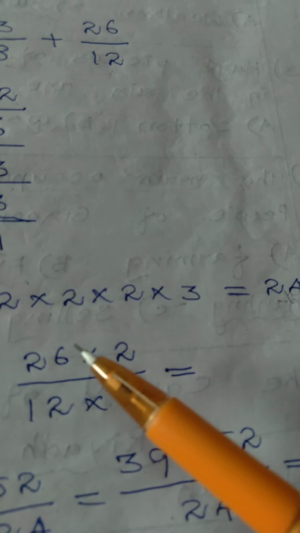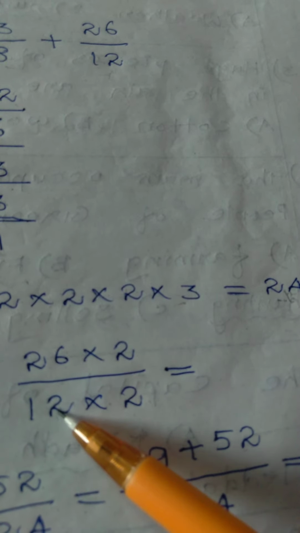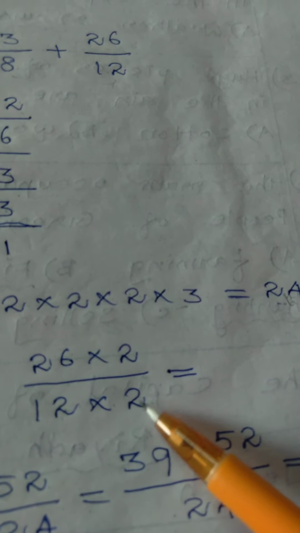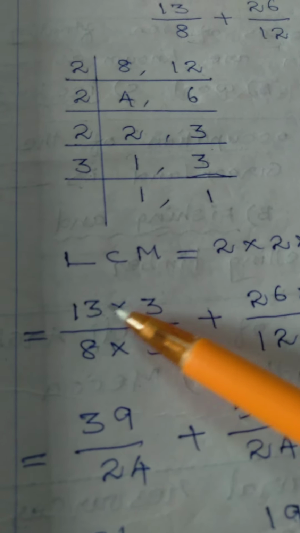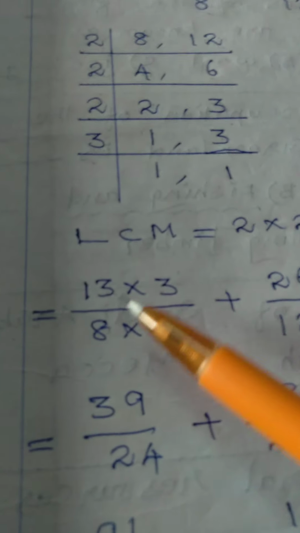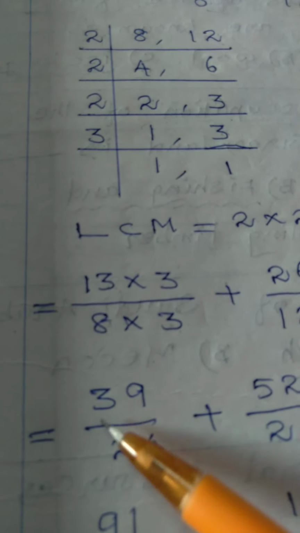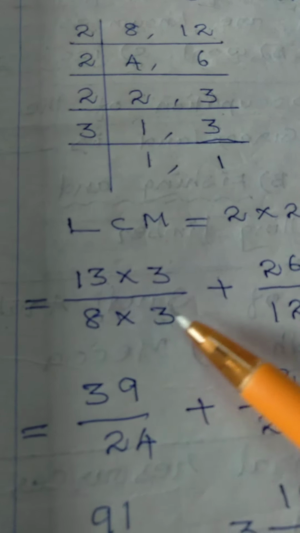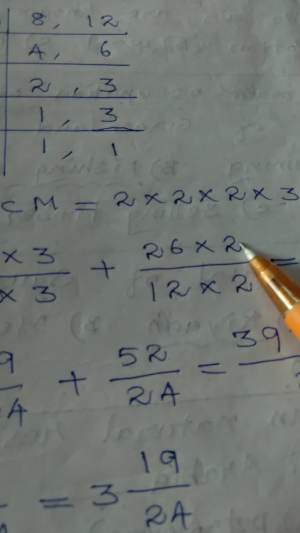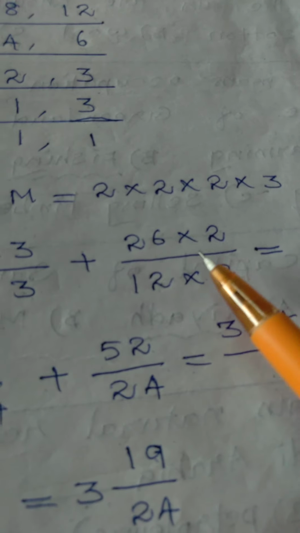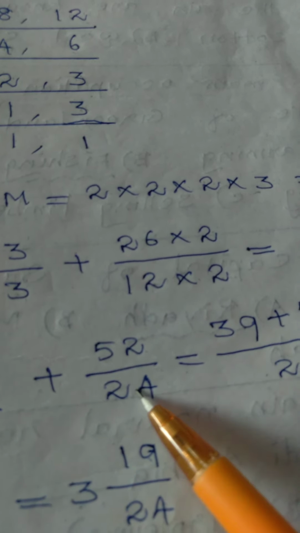So we multiply both numerator and denominator by the same number 2. 26 into 2, 12 into 2. Next step, we multiply these numbers and write down: 13 into 3, 39, 8 into 3, 24, plus 26 into 2, 52 by 12 into 2, 24.